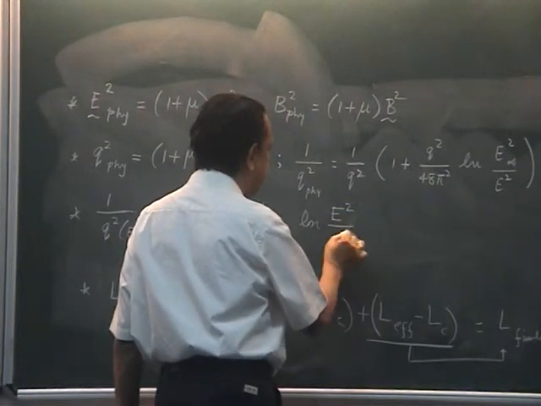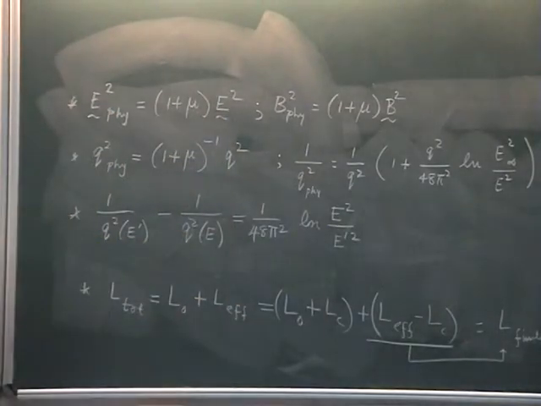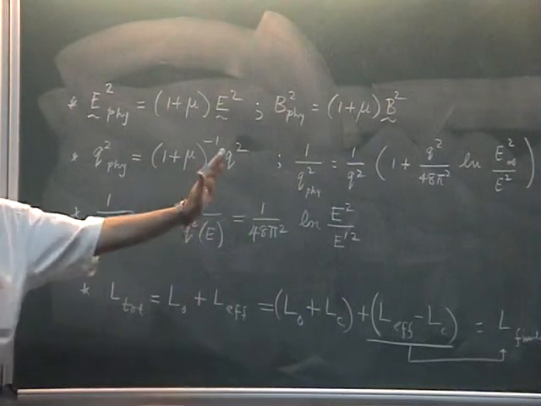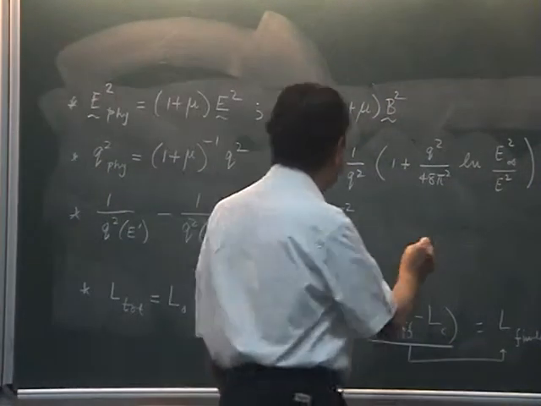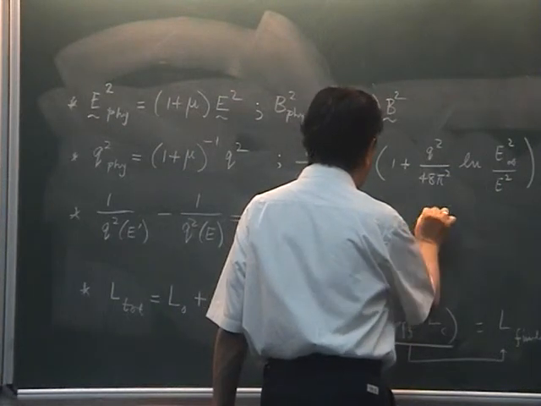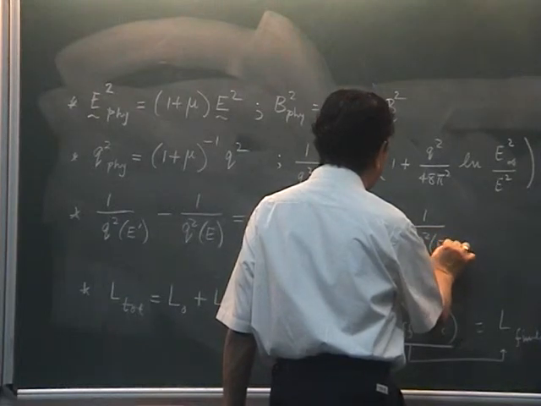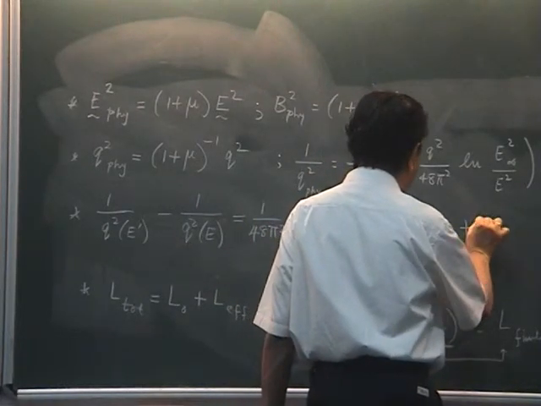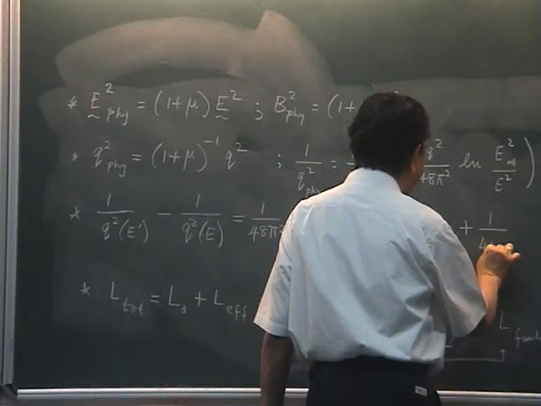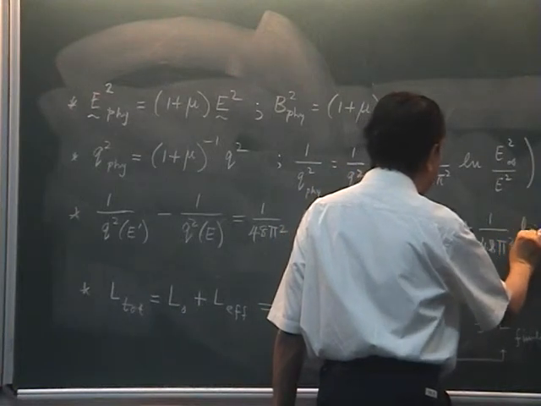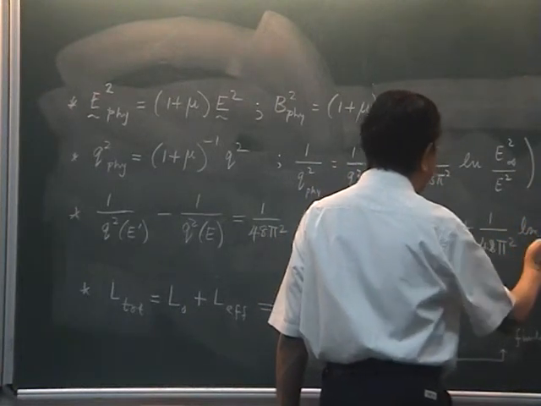It's a bit of a bad notation. E is also electric field, but you know what I mean. So this is what you have. So if you look at any one of them, let us take this E and then log E square. So I can take them to the same side. So just as we did in the case of scalar field theory, 1 by q square at E plus 1 upon 48 pi square log E square remains a constant.